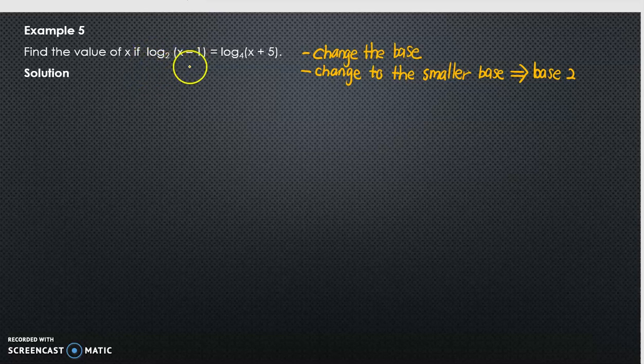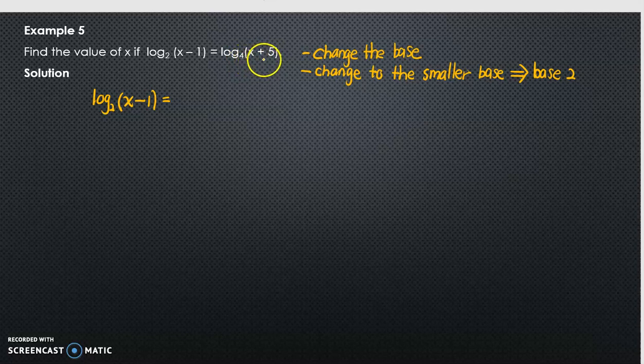So now on our left hand side, we already have the base 2. So nothing happened on our left hand side. Log x minus 1 base 2 is equals to, now from log base 4, I will need to change to base 2. Again, if you still remember, what we're going to do to change the base is, you can try to compare x plus 5 and 4.